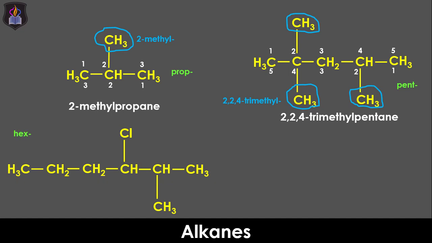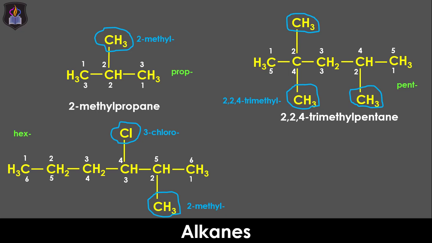The longest continuous carbon chain in the third compound contains 6 carbon atoms, so its root will be hex. There are 2 substituents attached to the parent chain, a methyl group and a chlorine atom. We number the parent chain in a direction that gives the chlorine substituent the lower number, since it has a higher priority than the alkyl substituent. So, from our numbering, the methyl group and chlorine atom are attached to carbons 2 and 3 respectively, hence forming the prefix 2-methyl-3-chloro.